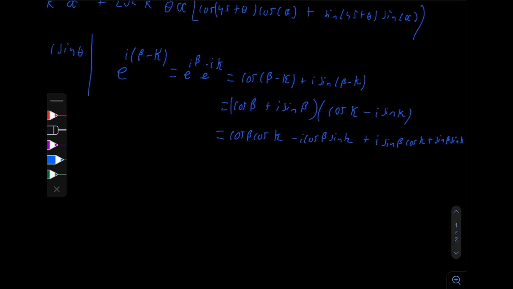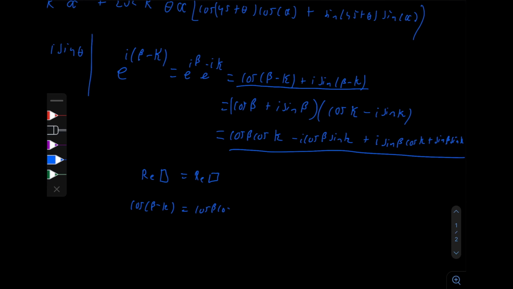So we're going to equate this line with this line, where we equate the real part of one to the real part of the other. So the real part of the top line is cosine of beta minus kappa. The real part of the bottom line is cosine of beta cosine of kappa plus sine of beta sine of kappa.